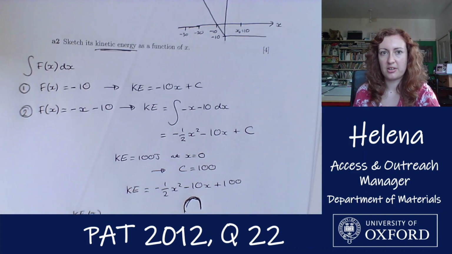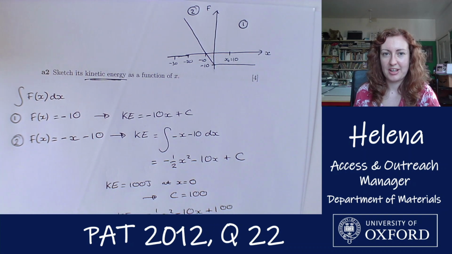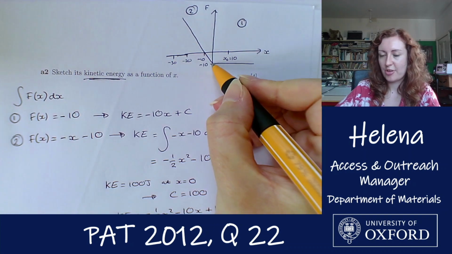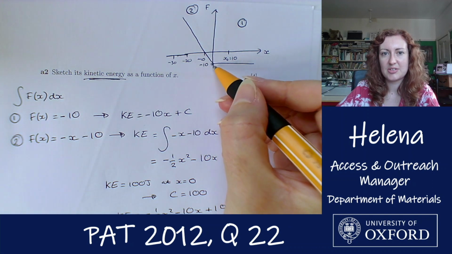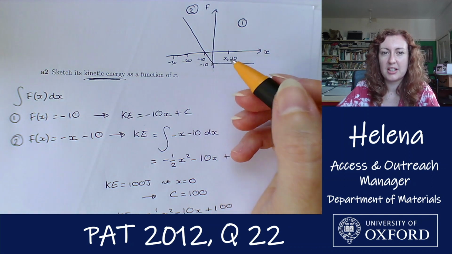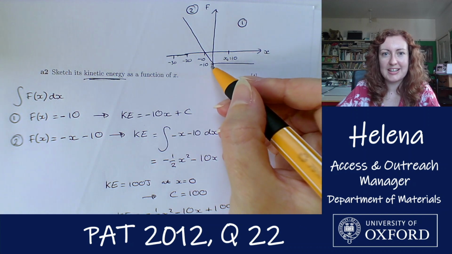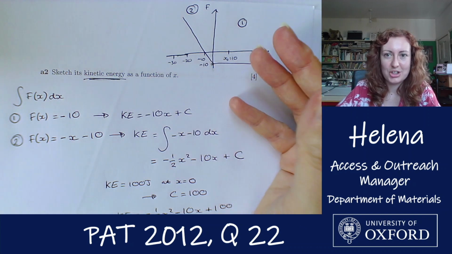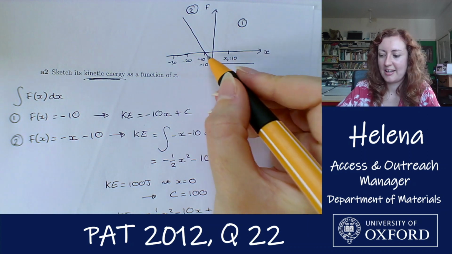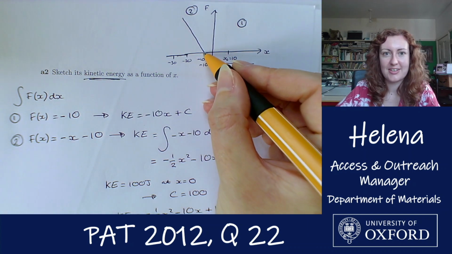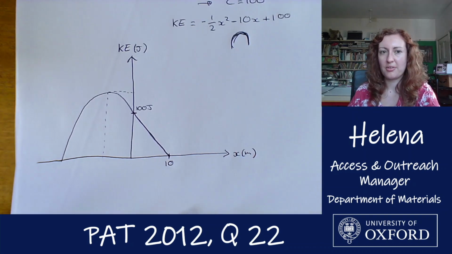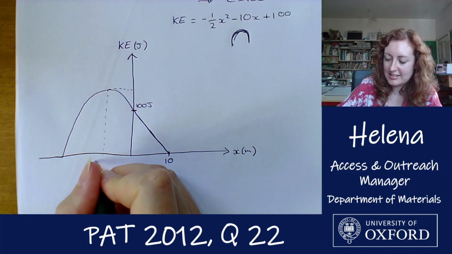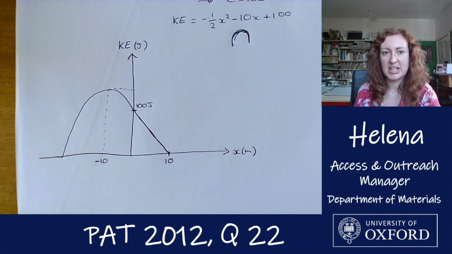If we take a look at our force graph here, we know we have 100 joules of energy here. We can see that the force is still acting in the negative direction here. So the force is still going to be creating motion in the negative direction and giving energy to the mass until the force changes its direction at a value of x equals -10. So we know that the maximum kinetic energy is going to be at a value of -10 meters.